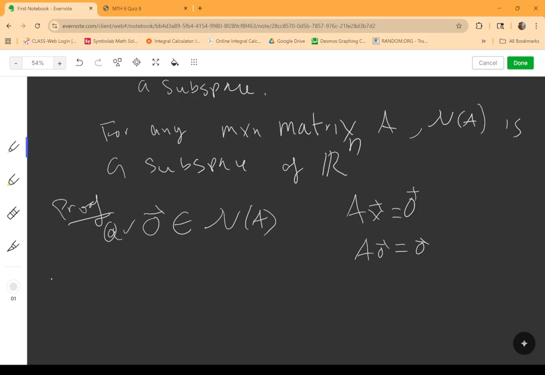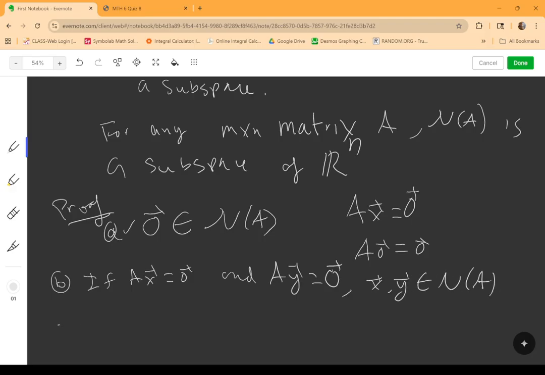Now let's check the other two. Closure under vector addition. For part B, remember that if Ax is equal to 0 and Ay is equal to the zero vector, in other words y is an element of the null space of A, let's take a look at the sum x plus y.